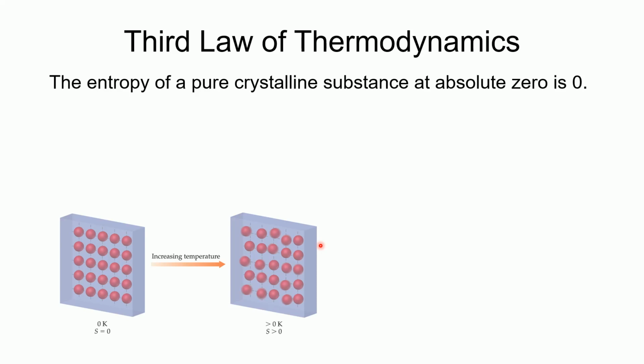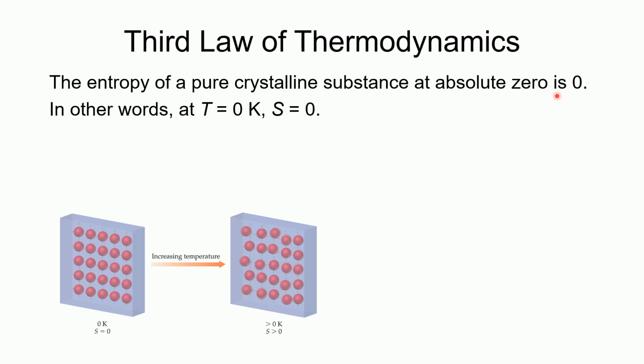Well, the third law of thermodynamics tells us that the entropy of a pure crystalline substance at absolute zero is 0. So in other words, if the temperature is 0, then the entropy will be 0, provided that it is a pure substance. A pure crystalline substance at absolute zero means that there is no energy in that system.